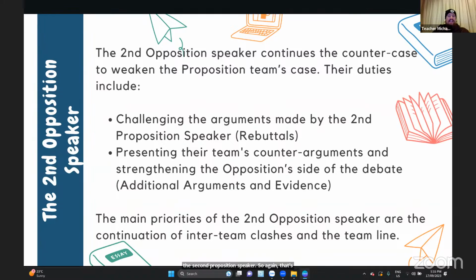They also present their team's counter arguments and strengthen the opposition's side of the debate, so again, that's offering additional arguments and additional evidence to strengthen the line of logic the opposition team has taken. The main priorities of the second opposition speaker are the continuation of inter-team clashes and the team line. Same responsibilities as the second proposition speaker: try to weaken your opponent's case and strengthen your own team's case.